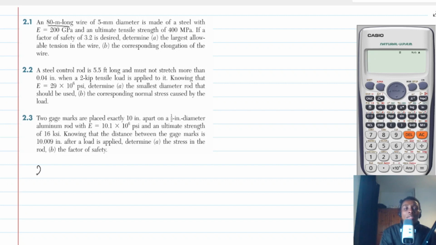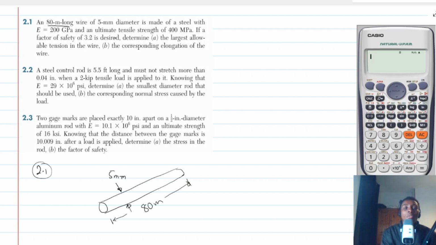Okay, so let me start with 2.1. We have a wire having a length of 80 meters and a diameter of 5 millimeters.